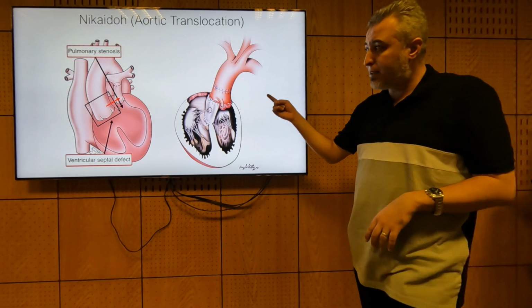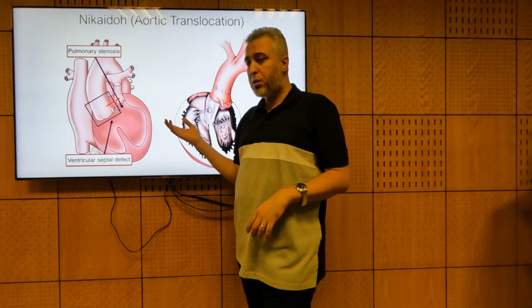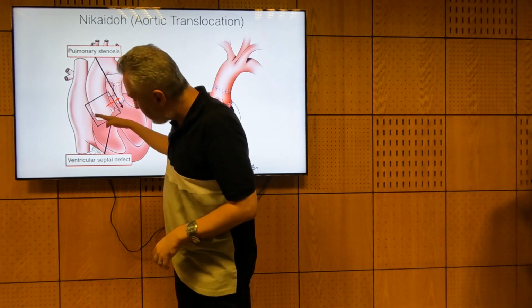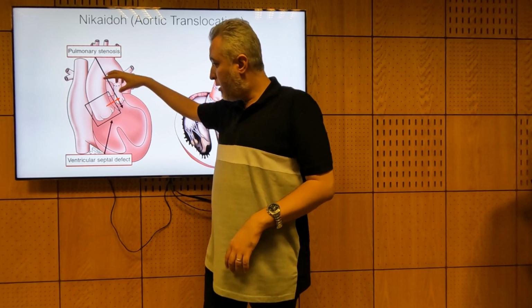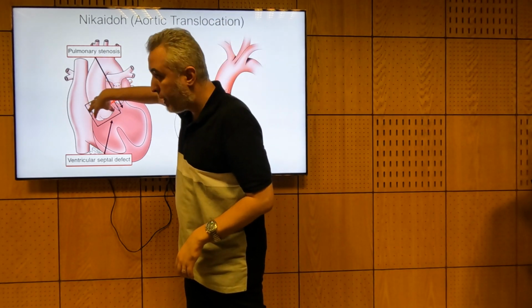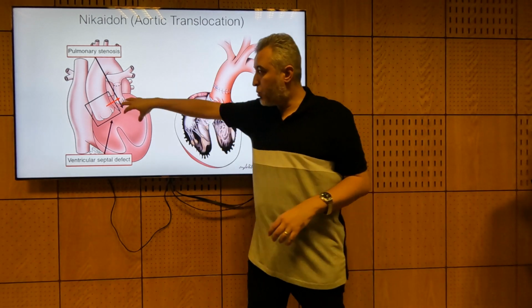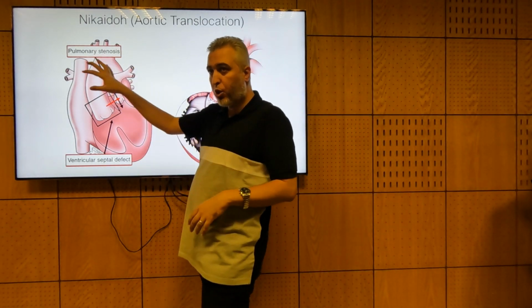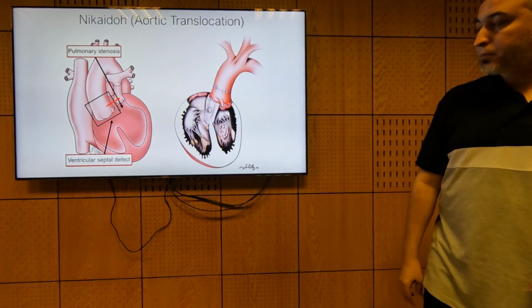So you would expect here that the risk of LV obstruction is a lot less, because the blood does not have to go through the VSD into a tunnel in the RV to go to the aorta like the Rastelli. On the other hand, you have to translocate the whole root, which is a big operation. This aortic root has coronaries connected to it, so you have to make sure that the coronaries are not kinked or stenotic.